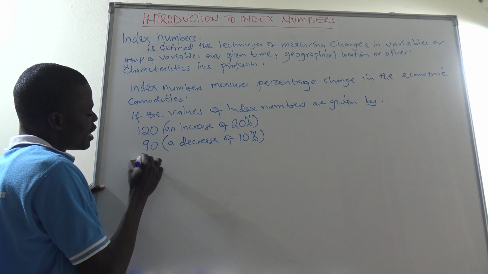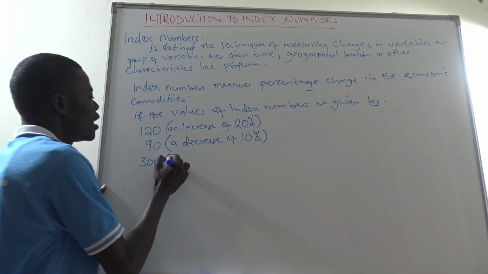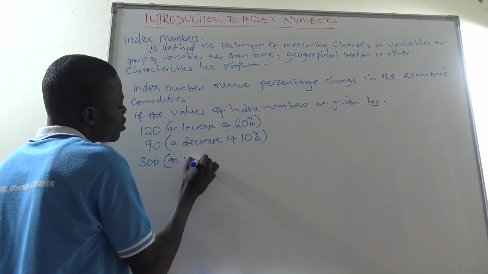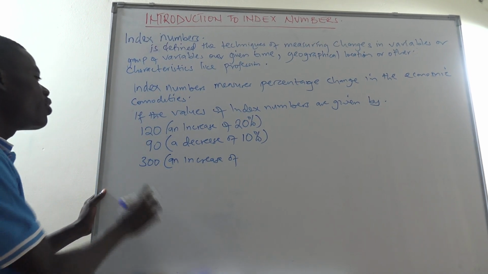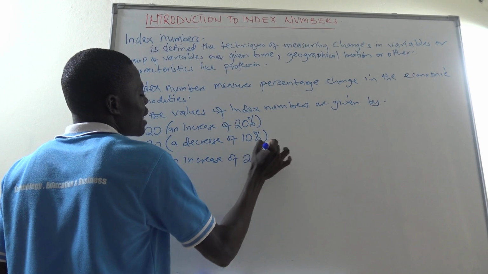And then if you find that the index number is about 300, then this indicates that there is an increase in the price of the commodity by 200%.